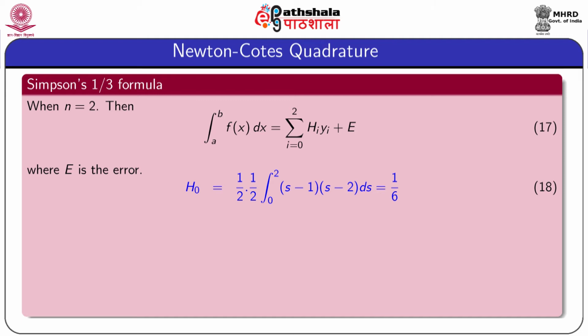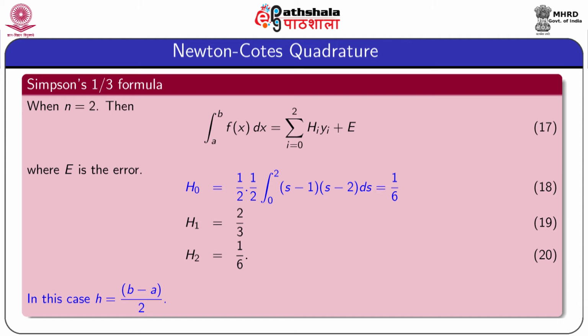determined by this formula. H0 equal to half into the integration from 0 to 2 of (s minus 1)(s minus 2) ds, equal to 1 by 6, and the other coefficients are H1 equal to 2 by 3, H2 equal to 1 by 6. In this case, h equal to (b minus a) by 2, that means the entire interval is divided into two intervals.